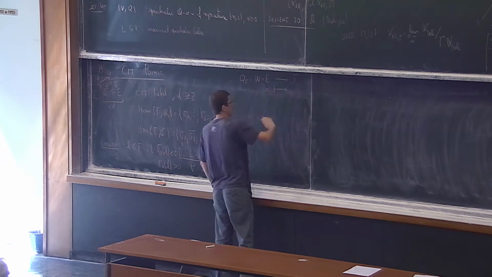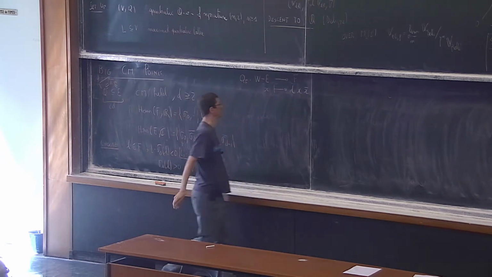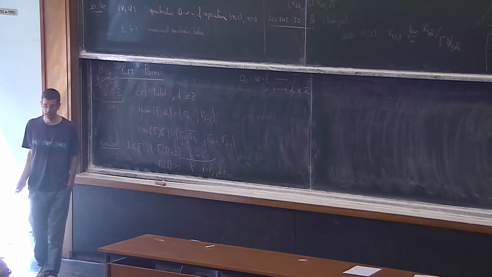Okay? So I have a quadratic form which is simply defined by taking the norm of x down to F, and I multiply by lambda.